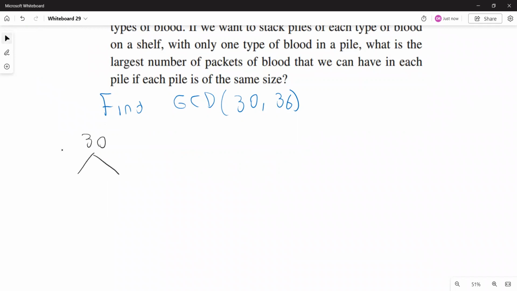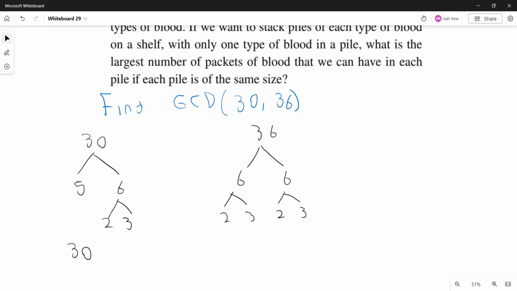So 30 is 5 times 6, and 6 is 2 times 3. And 36 is 6 times 6, where 6 is 2 times 3. So 30 is 2 times 3 times 5, and 36 is 2 times 2 times 3 times 3.